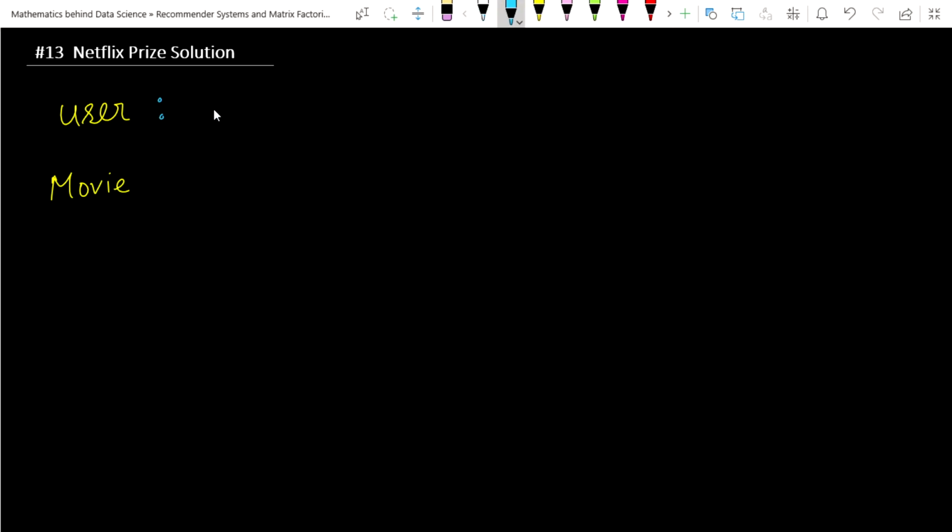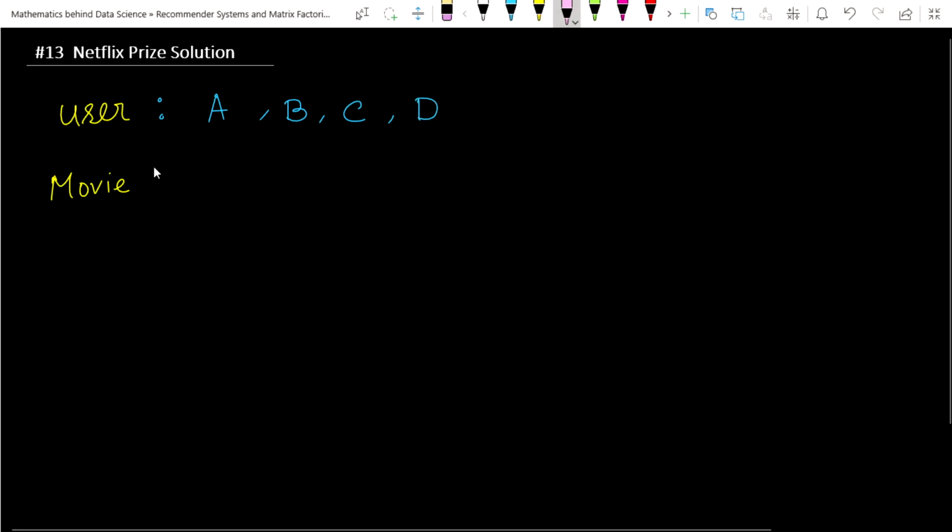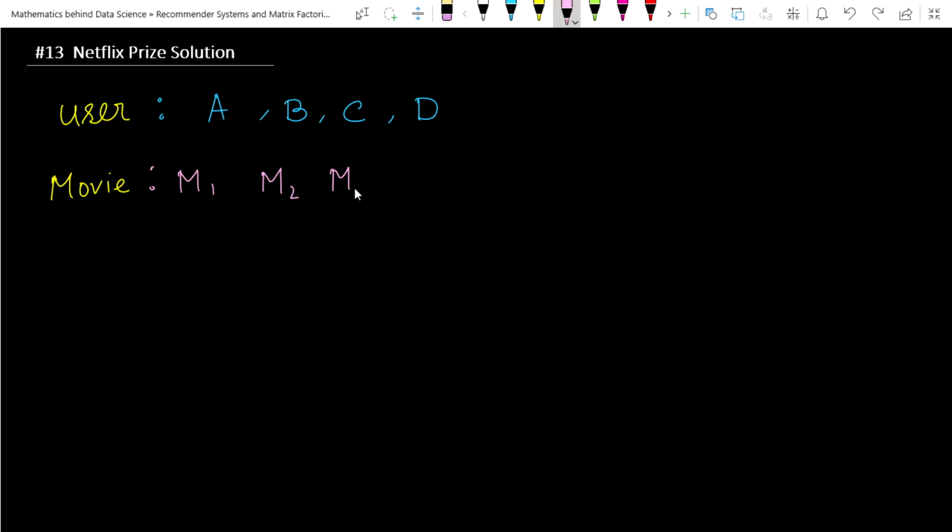Let's say we have 4 users: user A, user B, user C, user D. And we have 5 movies: movie 1, movie 2, movie 3, movie 4, movie 5. First, using this small amount of data, let's try to understand this problem.